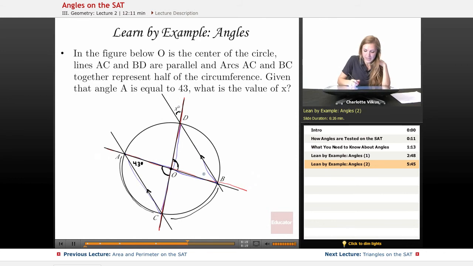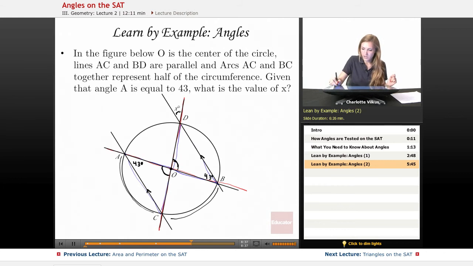So I know that if AB is transversing these two, then these two opposite interior angles should be equal. So I can go ahead and write 43 in, and that's sort of satisfying to at least get one angle down on the shape.